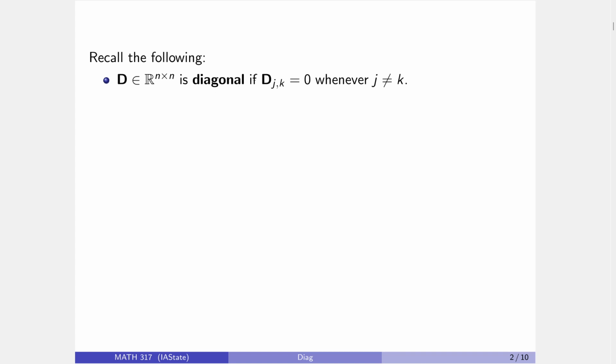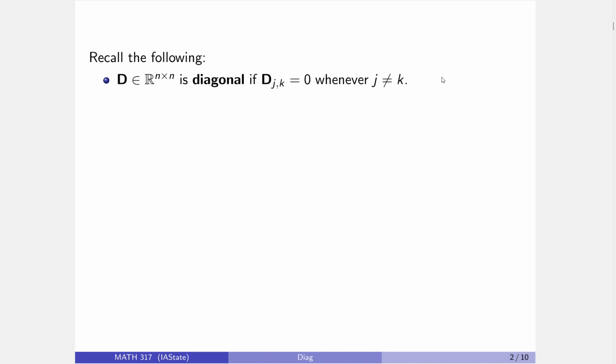The diagonal entries can equal 0, that is okay, but anything off the diagonal must equal 0. There's no requirement on the diagonal entries D11, D22, D33, and so on; they can be whatever you want.